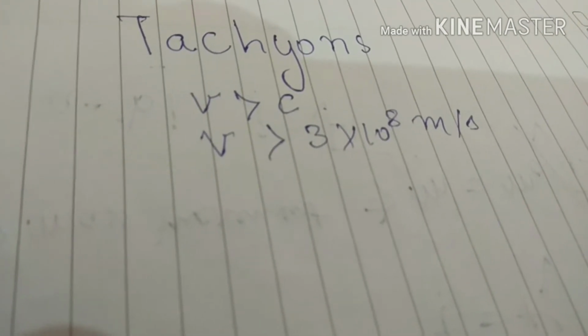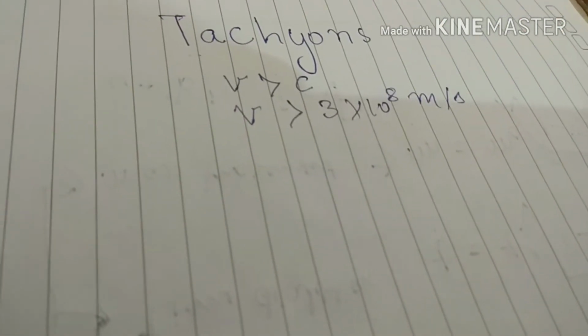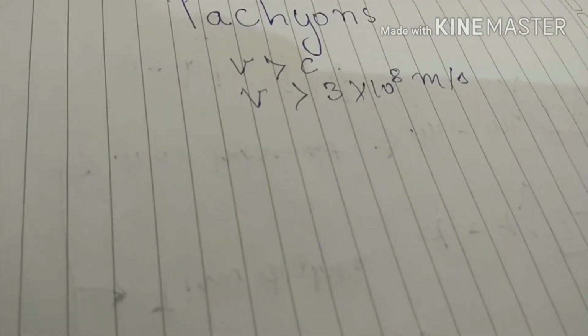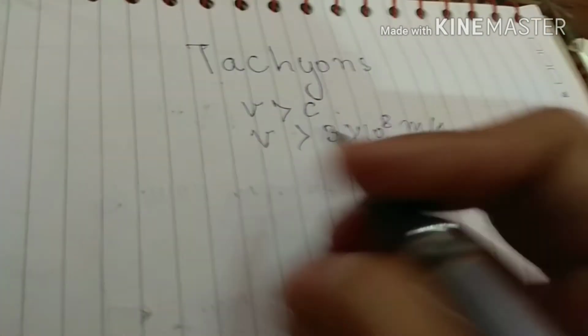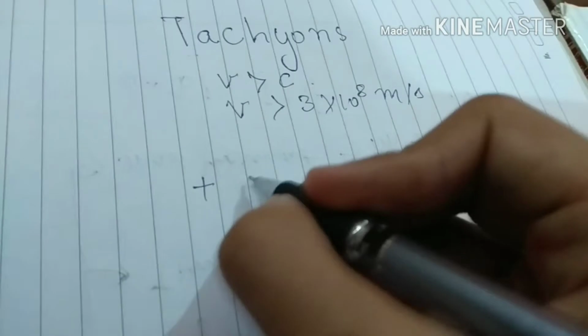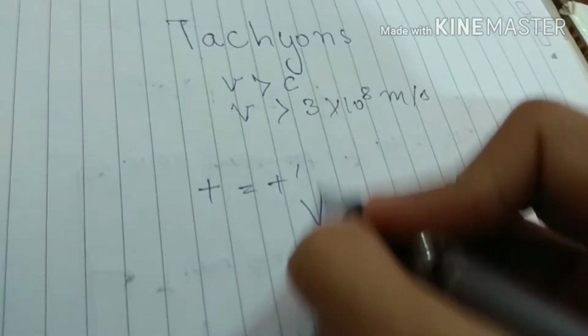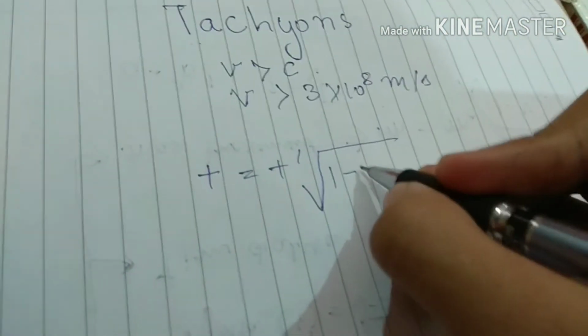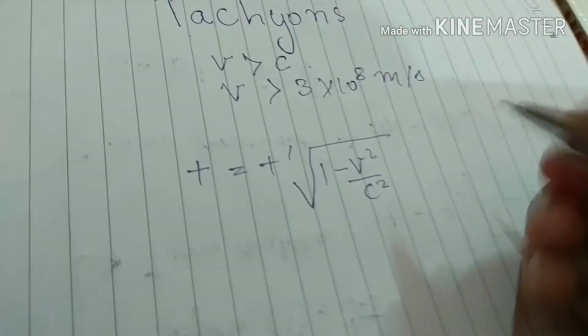If we take the equation of Einstein's time dilation, we will have this equation: t is equal to t prime under root 1 minus v squared over c squared.